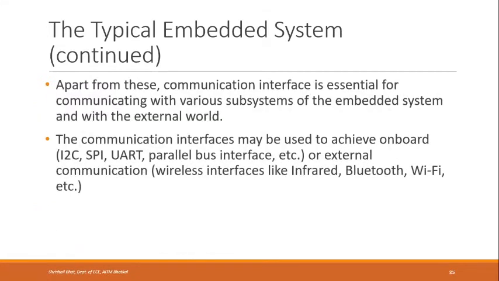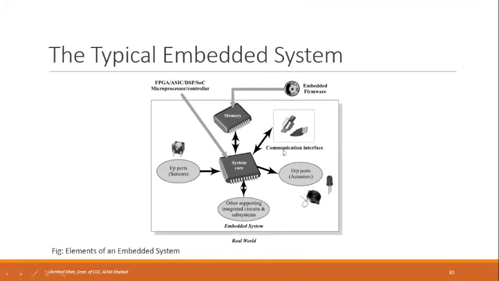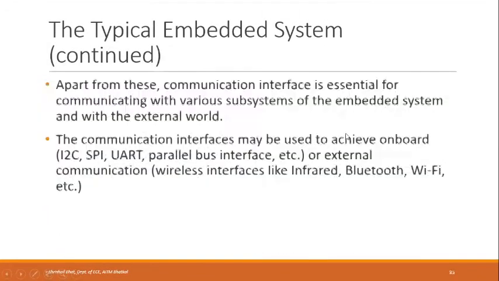Next, we have some communication interfaces, which are essential for communicating with the different subsystems of the embedded system and also between the embedded system and the external world. For this, there can be onboard communication interfaces like I2C, SPI, UART. We will see all of this in the next topics.